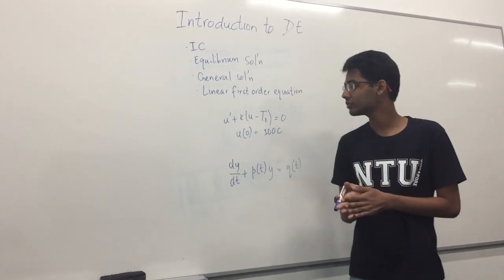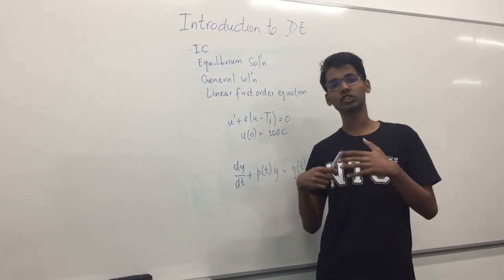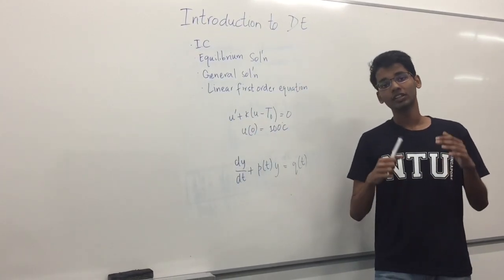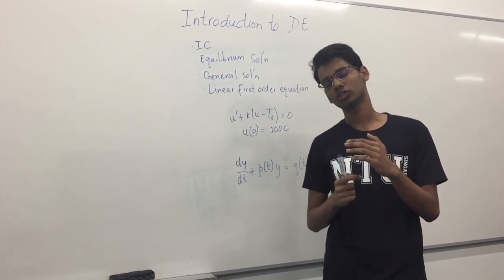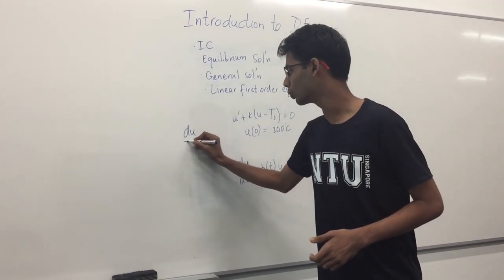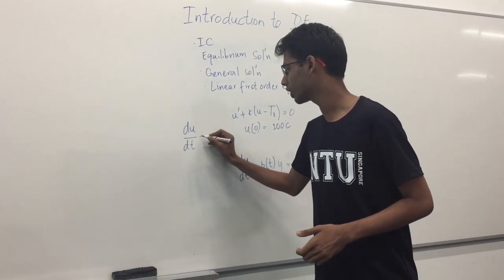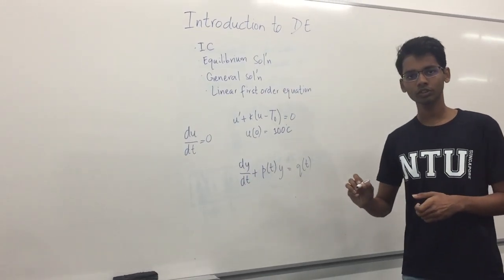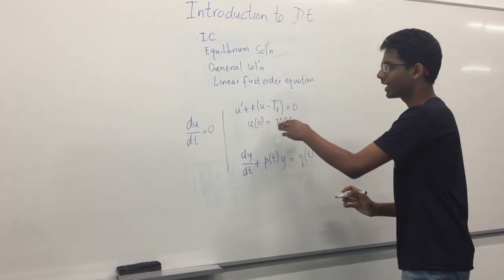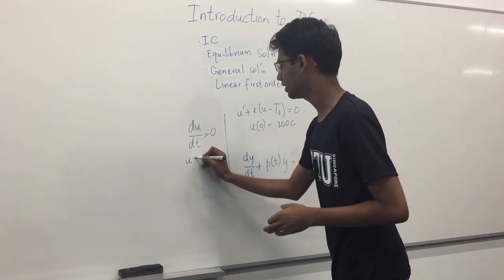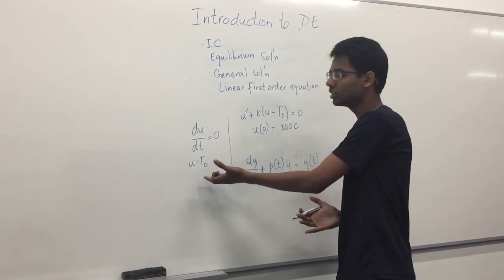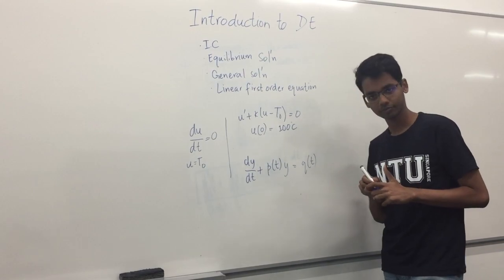In our case, the slope is going to be 0 mathematically, or for this problem, the rate of change of temperature is going to be 0, which just means that du over dt is going to be 0. When du over dt is 0, we get u equal to T naught. So this is going to be our equilibrium solution for this question.